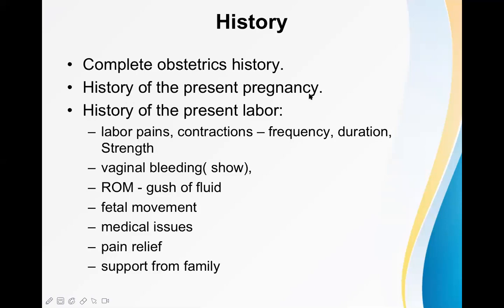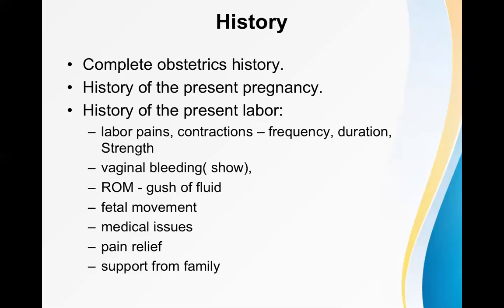Detailed history of the present pregnancy will be taken, and history of the present labor would be taken, like from when labor pain started, how many hours before, and whether they are true labor pain or false labor pain. In the last class, we talked about the difference between true labor pain and false labor pain. Now, let me quickly revise because you people have probably not revised. True labor pain is a true uterine contraction.